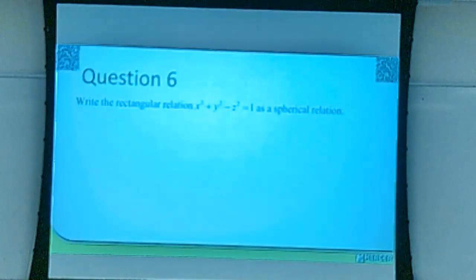That doesn't make sense. It should be sine phi, not phi sine. Remember, sine is a function, so you can think of it as an operator. It has to operate on something.